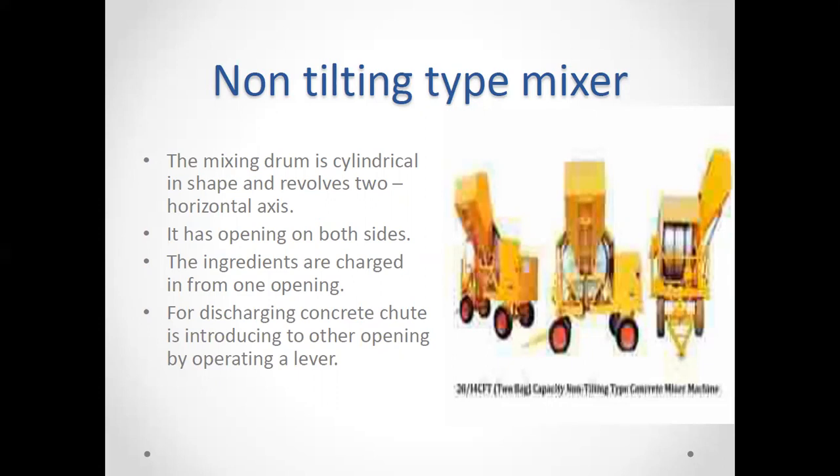So when we are going to cast the concrete at some height, we have to use a non-tilting type mixer. The mixer will mix the ingredients of concrete, then it will pour into the tube, then it will go from ground level to the first floor, second floor, third floor, and we can use it accordingly. So this is known as a non-tilting type mixer.